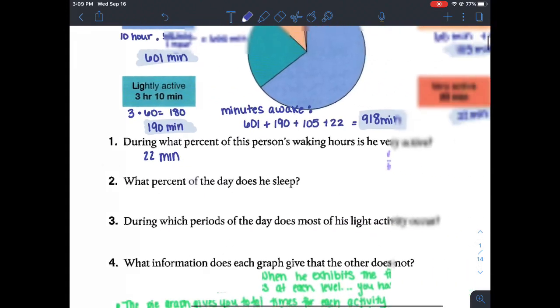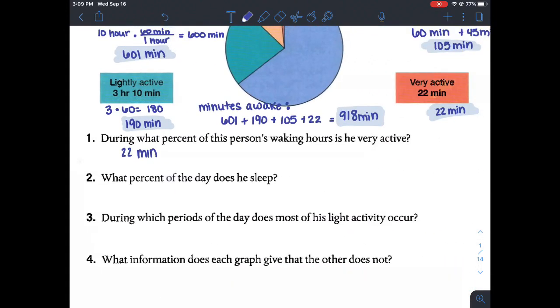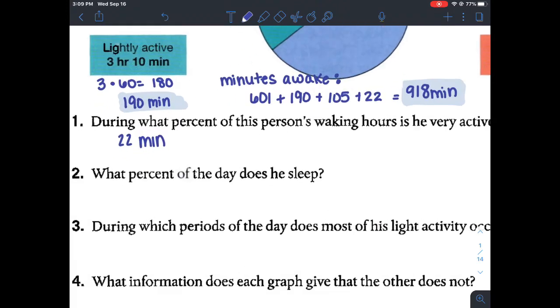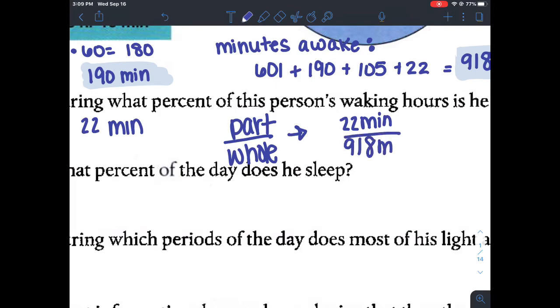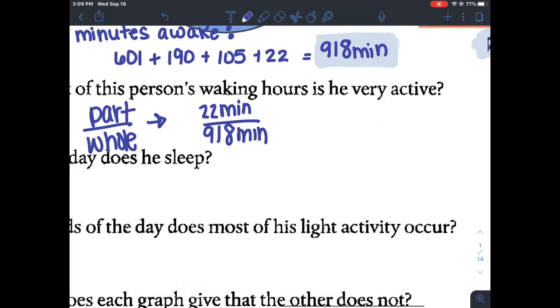What percent of his waking hours is he very active? Well, the minutes awake was 918 minutes. Remember, part over a whole will give us a percent, and that'll give us 22 minutes out of 918 minutes that he was awake.